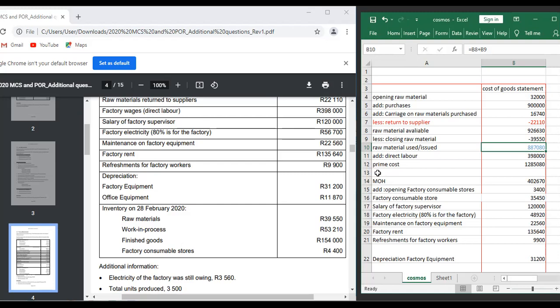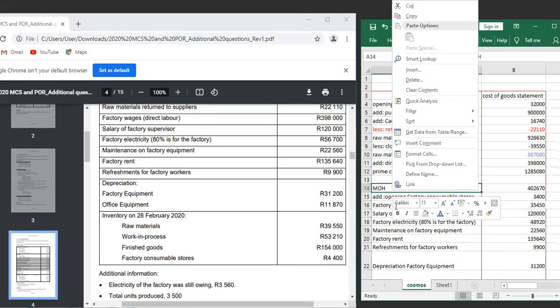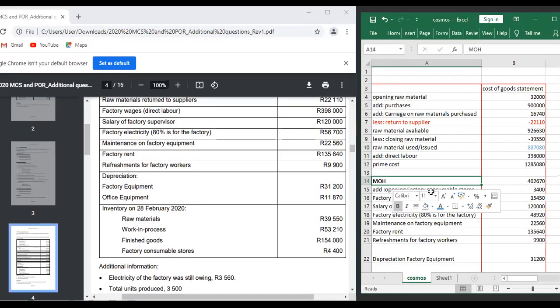We're moving on to calculate our manufacturing overhead costs. We are going to name them all. Remember, these are the costs that cannot be directly traceable to the product. So we have the opening factory consumable stores.